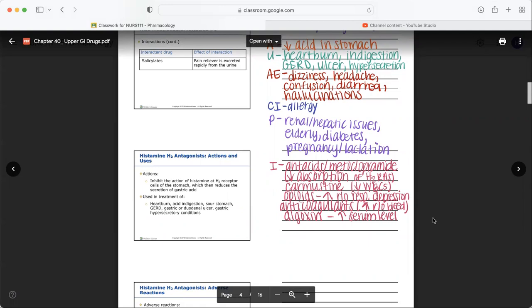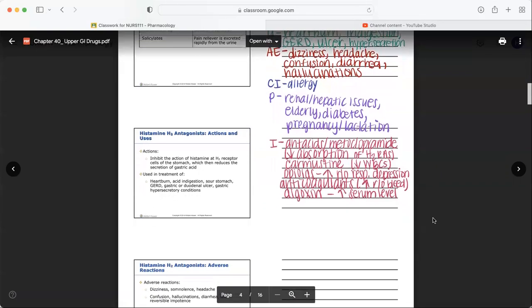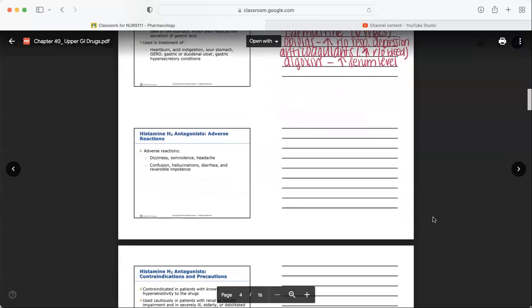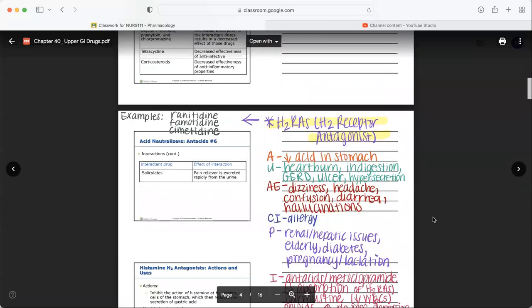Opioids with our H2RAs can increase the risk of respiratory depression. Anticoagulants with our H2RAs, ranitidine, famotidine, cimetidine, are going to increase the risk of bleeding, so things like warfarin, no good. And digoxin is going to increase the serum level of digoxin, and that is also bad. We don't want dig toxicity. Okay, so that is H2RAs in a nutshell.